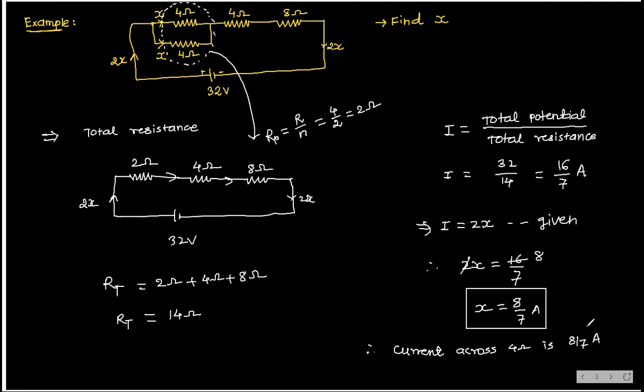Next question. See now. In this next problem you will understand how we are dividing the potential and how we are finding the current. So see, this is 1, 2, this is 3.